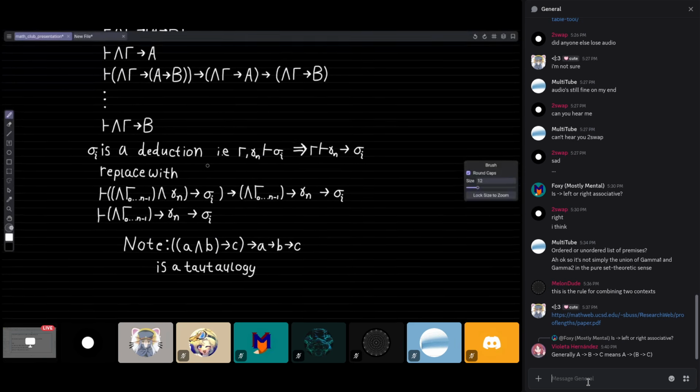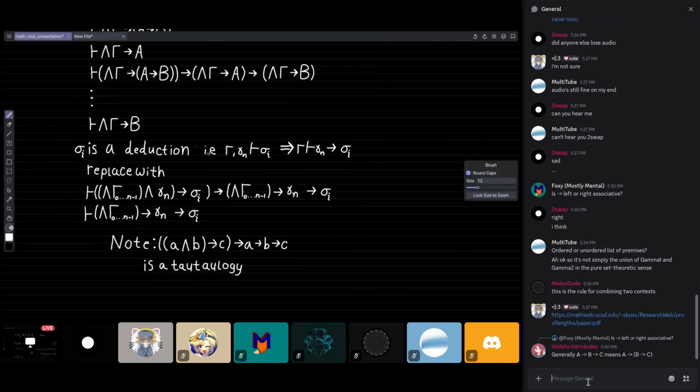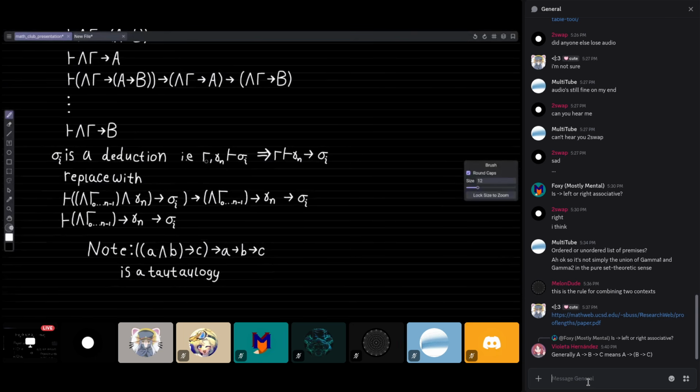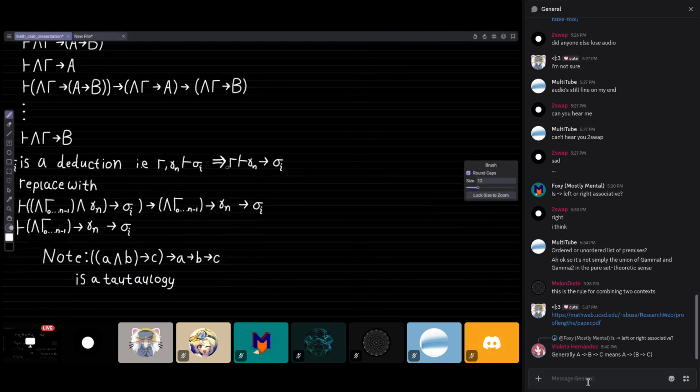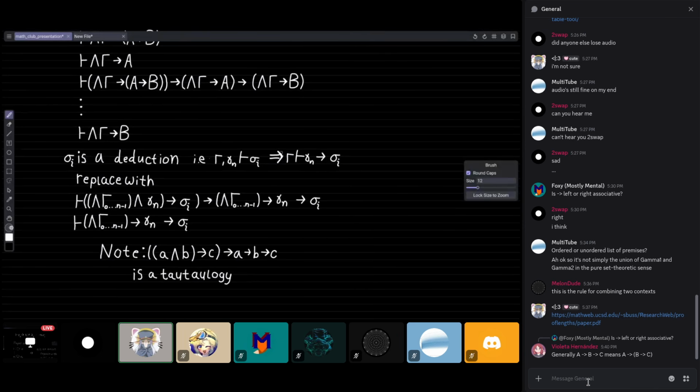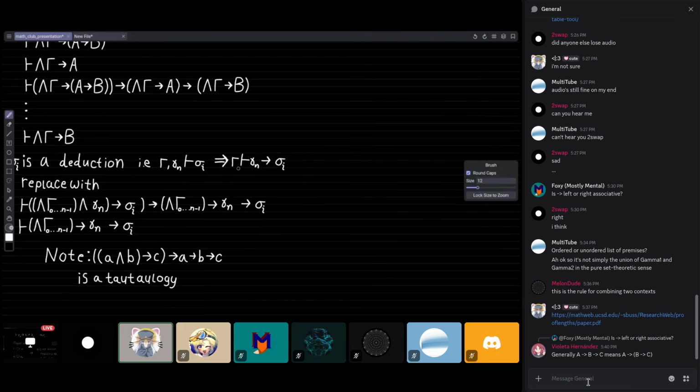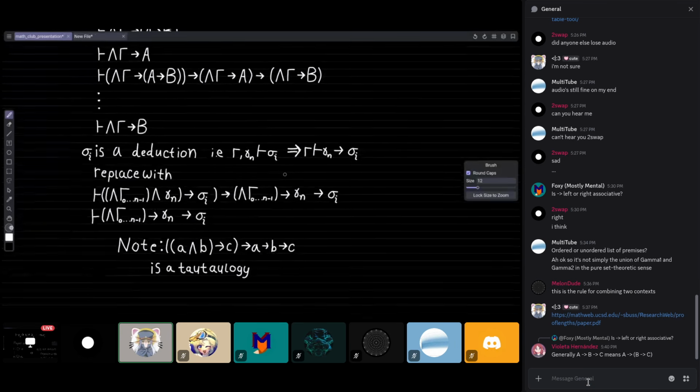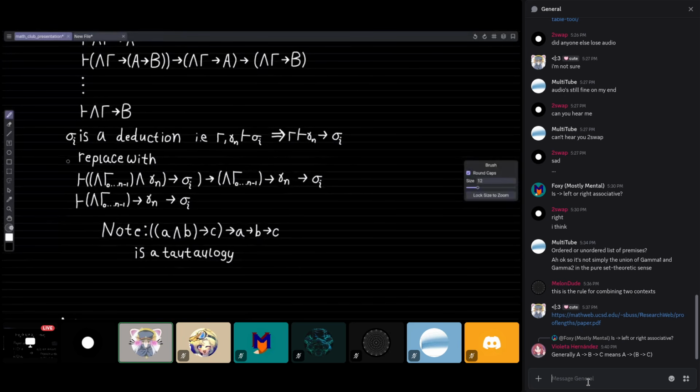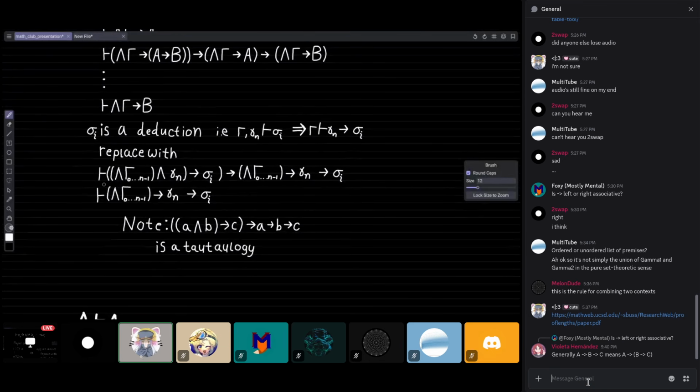Notice that line I is of the form from this context gamma, with this extra assumption gamma n, we can derive sigma I. It takes this line and turns it into this line here, which is from gamma, we can derive gamma n implies sigma I. What the paper would have you do is replace that line with from this context, gamma from 0 to n minus 1 and gamma n.